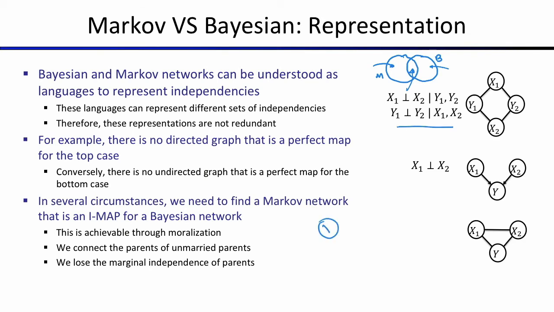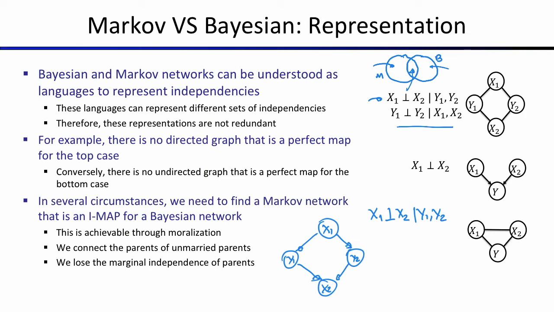So let's suppose that we do something like this, x1 and x2, and we have y1 and y2. And we decide to do like this. Well, in this case, we can say that x1 is going to be independent of x2 given y1 and y2, exactly as we wanted to happen in the first independence there.